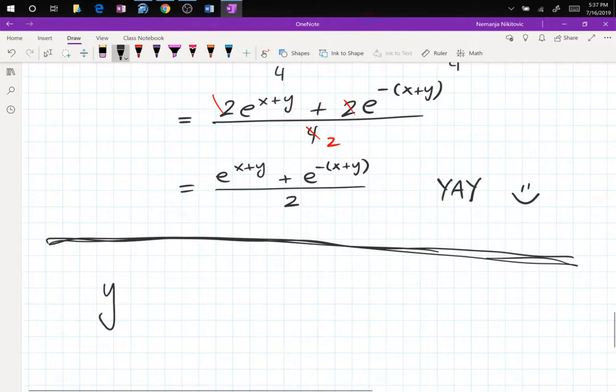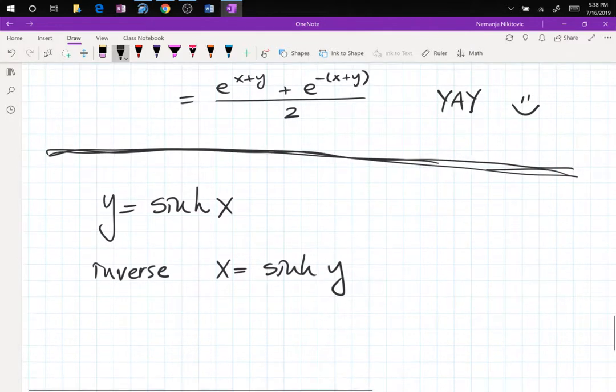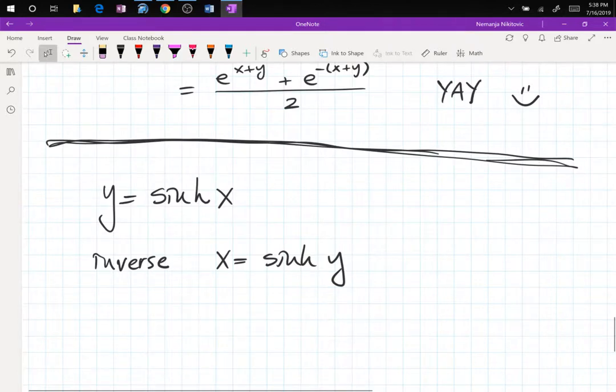So if you have that y is equal to, let's say, sine hyperbolic x, for the inverse we have x equals sine hyperbolic y, and then if you hit both sides with sine hyperbolic inverse, whatever that means, we'll see what it means, you will get that y is equal to sine hyperbolic inverse of x, and we call that inverse hyperbolic sine.